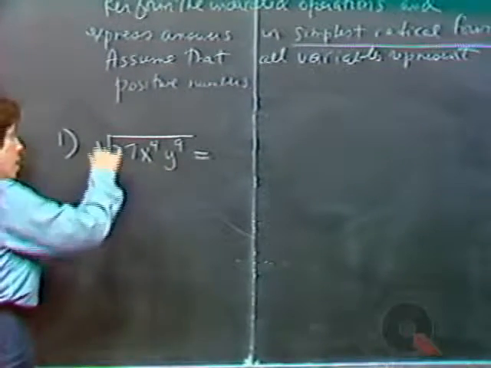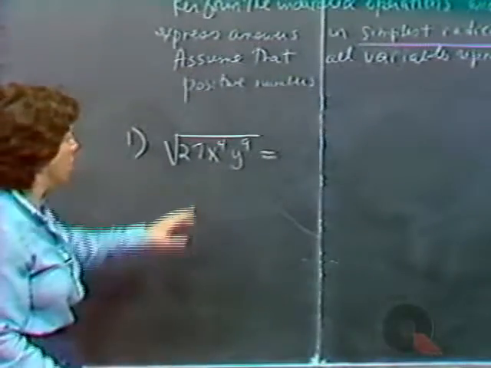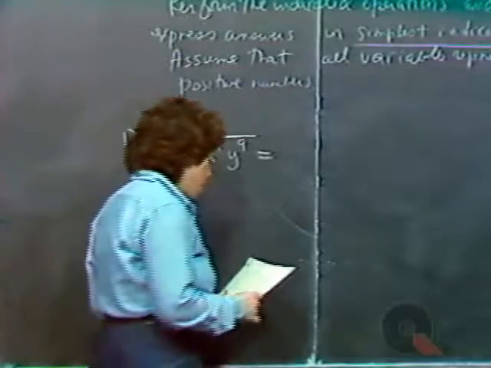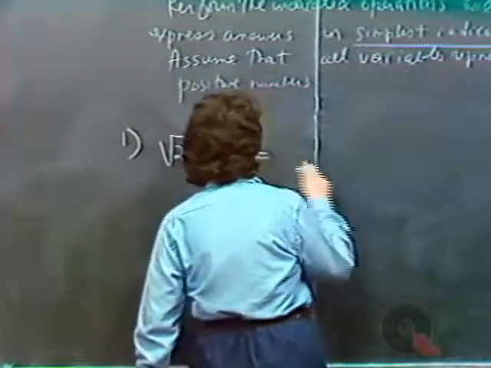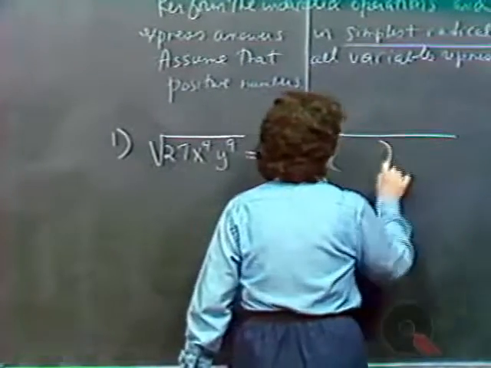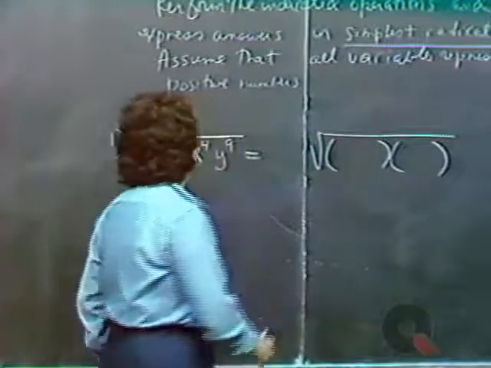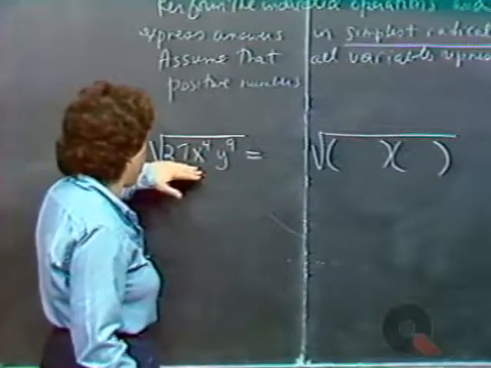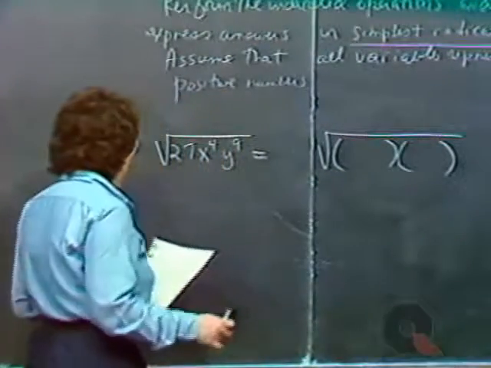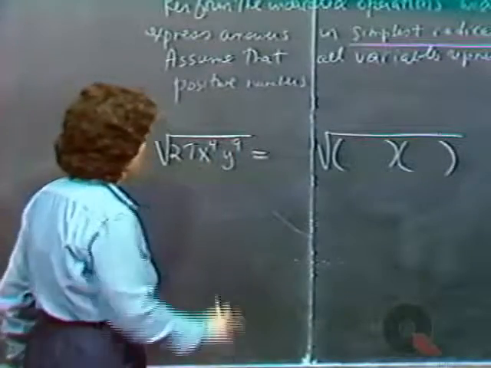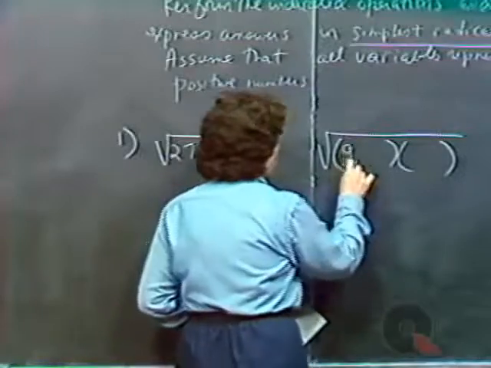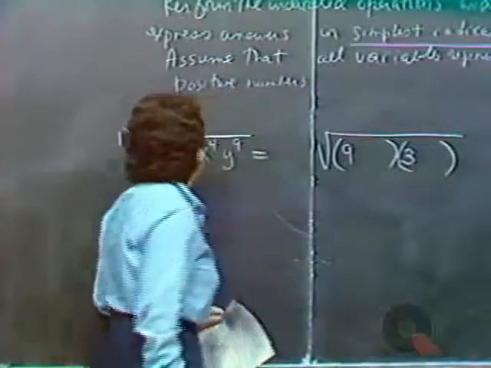Since this is a square root problem, we are looking for perfect square factors of 27x to the 4th y to the 9th. I'm going to factor out all the perfect square factors first, and then whatever's left. For 27, the greatest perfect square in 27 is 9, so 27 I'll write as 9 times 3.